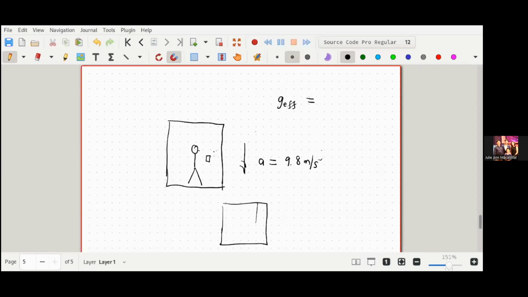So yung effective gravitational field or yung effective acceleration due to gravity as measured from inside is going to be upwards. So if you have your warming air, saan pupunta yung warm air? Pababa. Okay. Tapos yung cold air, aakyat.